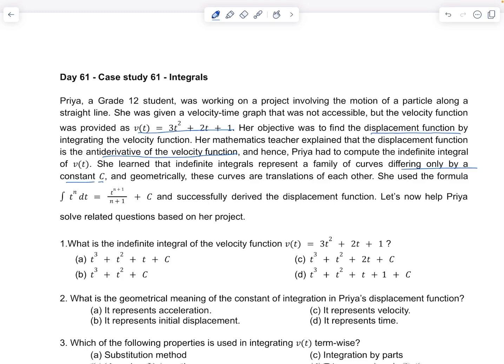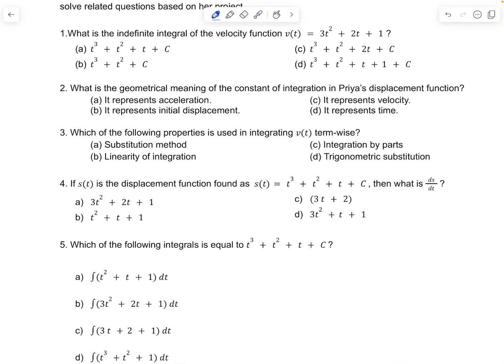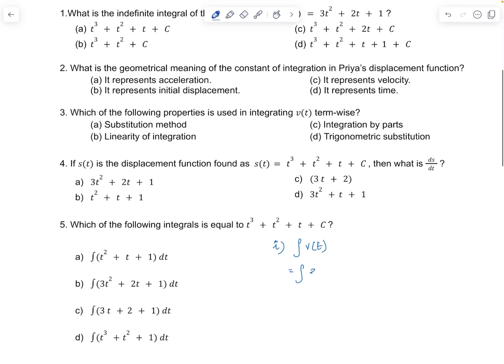Let us now help Priya solve question 1. What is the indefinite integral of the velocity function v of t given by 3t square plus 2t plus 1? Integrating v of t, that is integral 3t square plus 2t plus 1 dt.